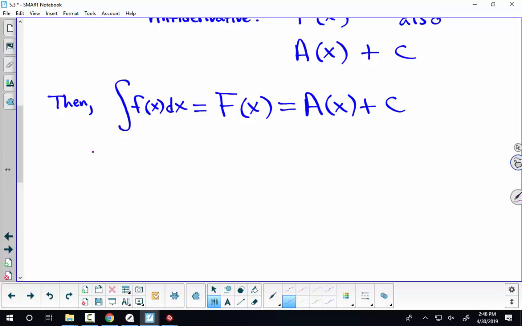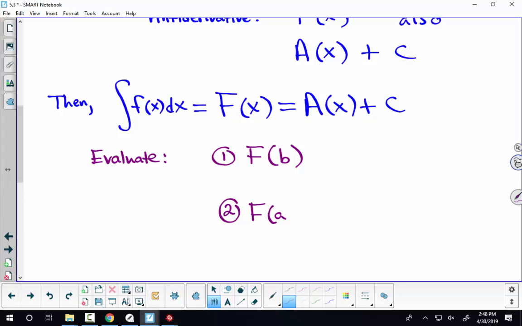Then we're going to evaluate two things. We're going to evaluate capital F of b, and we're going to evaluate capital F of a.